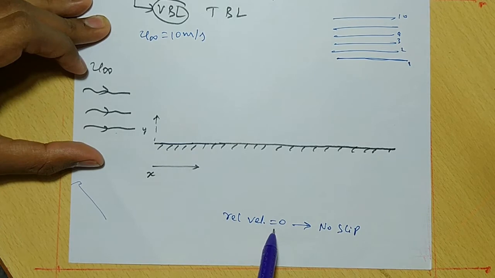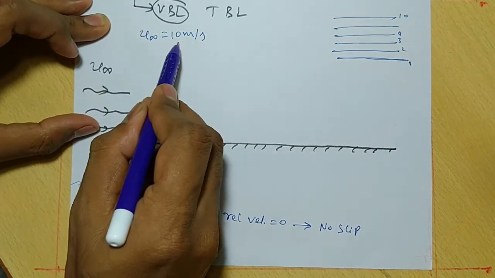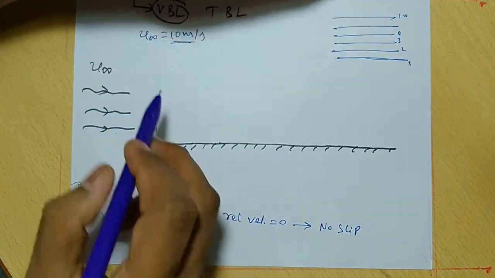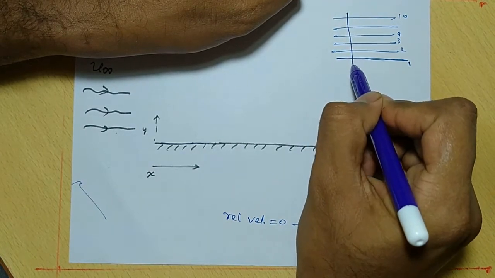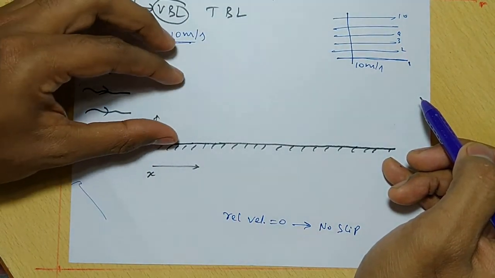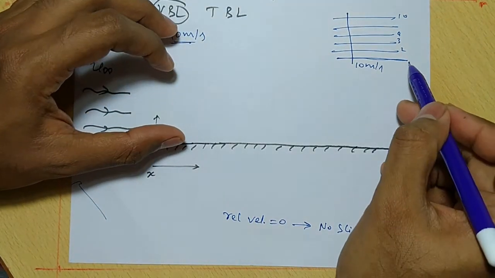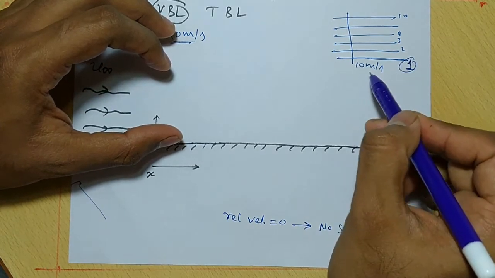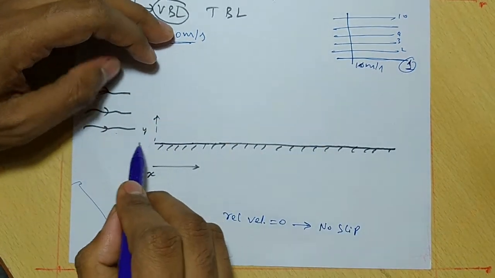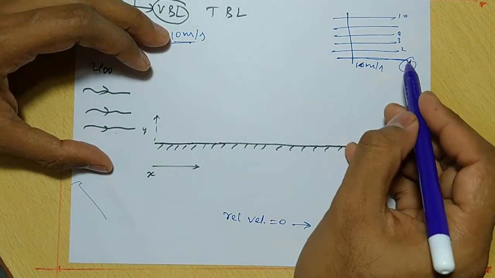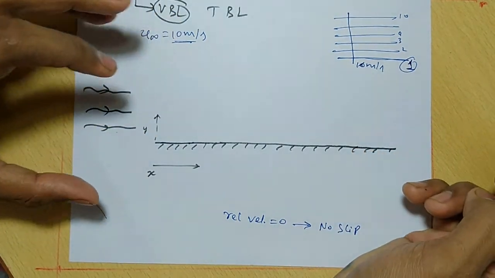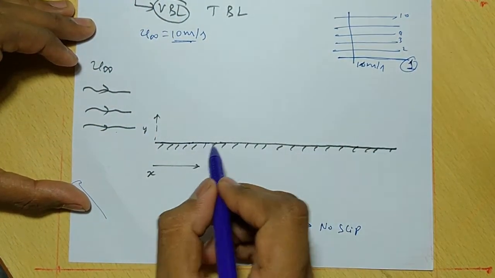We consider there are 10 layers of fluid moving, meaning the velocity of all the layers is 10 meter per second only. When this fluid comes into contact with the surface, the very first layer's velocity becomes zero, not 10 meter per second. The relative velocity becomes zero, meaning the plate is stationary, and the first layer very near to this surface has a velocity of 0 meter per second.